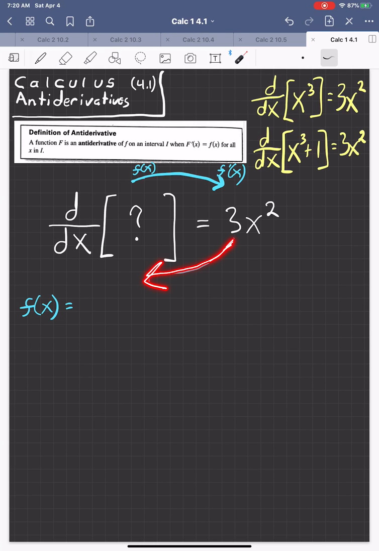That can be slightly confusing to some students, because henceforward, lowercase f of x is going to be the derivative. And when we find the original function that we took the derivative of, going backwards, we're going to use uppercase F of x, and that's going to represent the antiderivative.